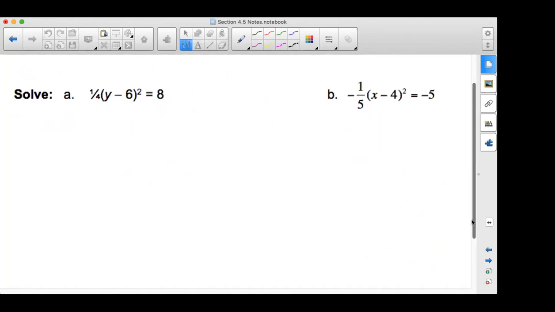We have that 1/4 in the front. Lacey, what do you think we should do? Multiply by 1/4? Yeah, so instead of multiplying by 1/4, you multiply by what to get rid of that 1/4? 4. Yeah, we're going to multiply both sides by 4 to get rid of that 1/4.